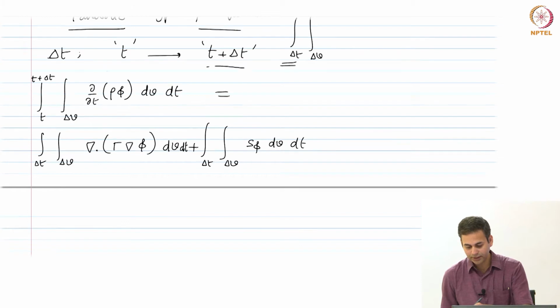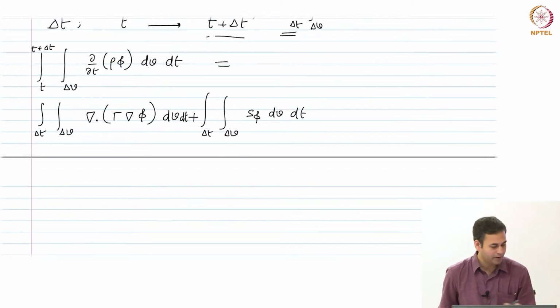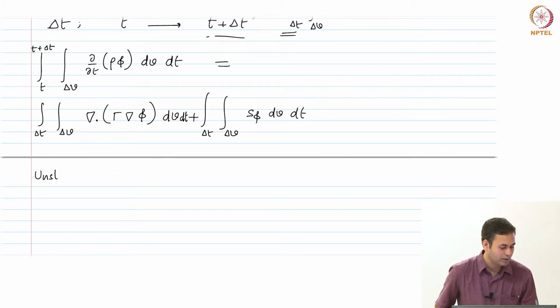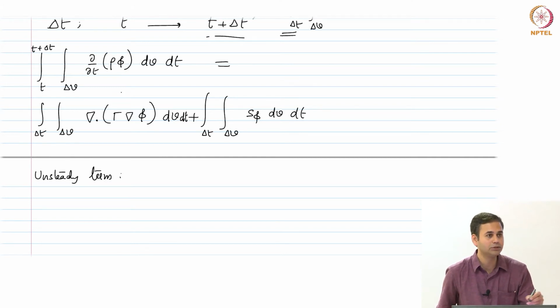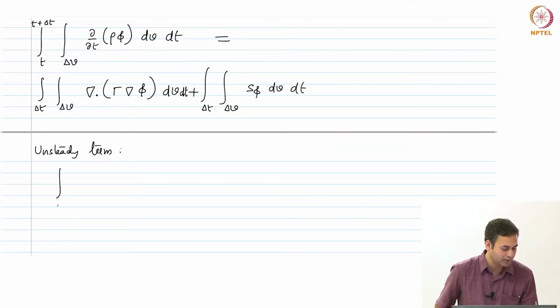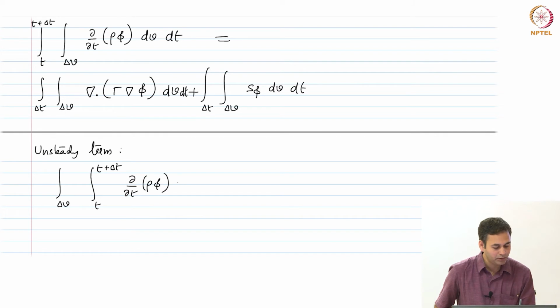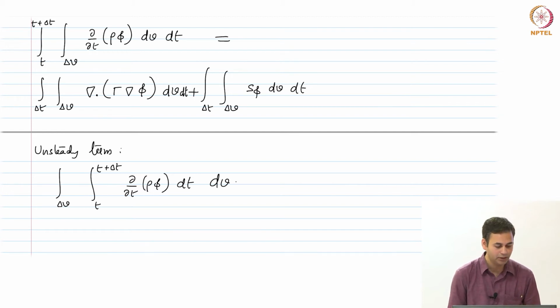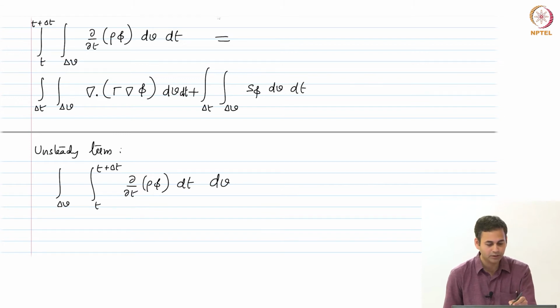Okay. So, let us take the unsteady term, that is the first one. If I assume that these integrations commute, okay, I can rearrange this integration as integration over the delta v and integration over t to t plus delta t of partial t rho phi dt and dv. Okay. I have rewritten it assuming that the integration can commute here. Now, what is the integration of the inner term here?